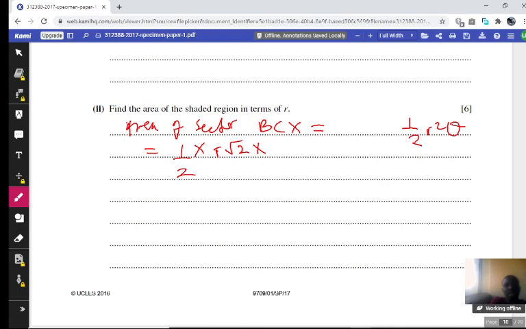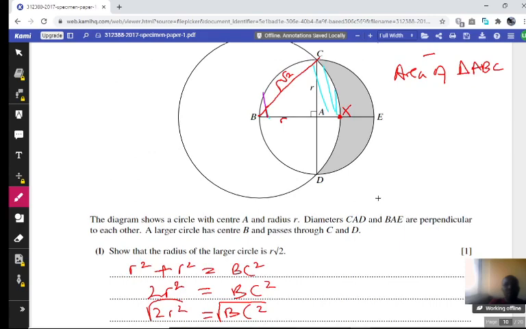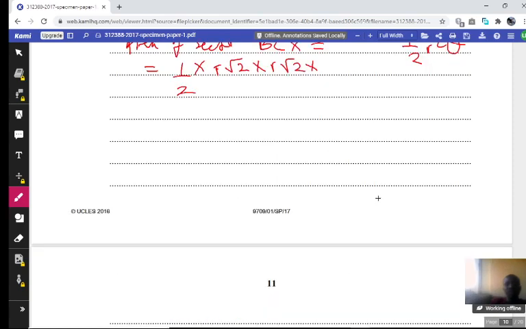What is theta in this case? Based on this one, please take note, if this angle is 90 degrees, then this angle is actually 45 degrees, and this is an isosceles triangle. So this one is pi over 4. The same here is pi over 4. So our angle is pi over 4 in this case, right? So it's times pi over 4.